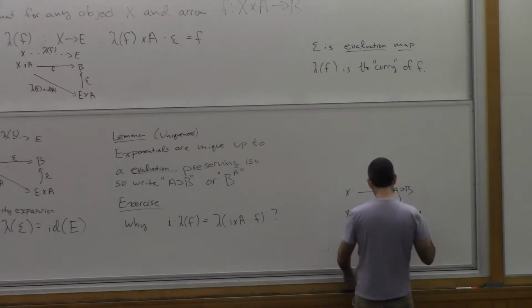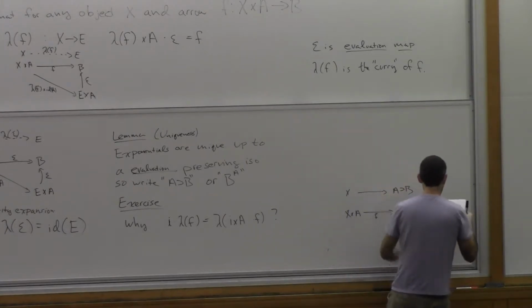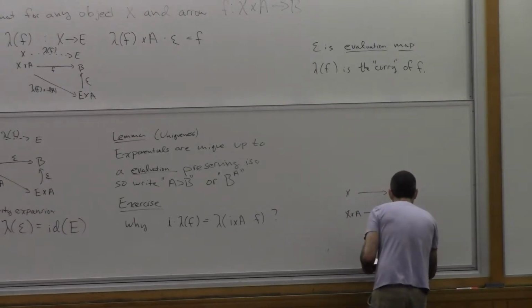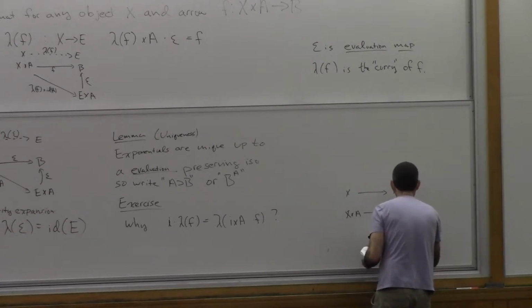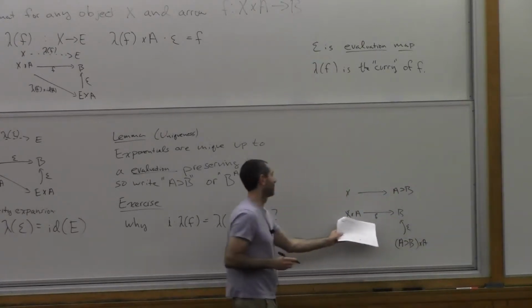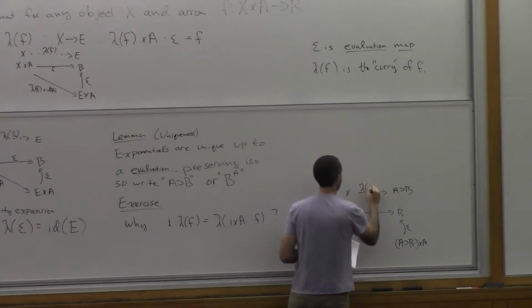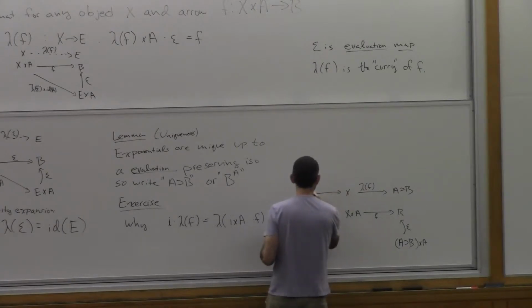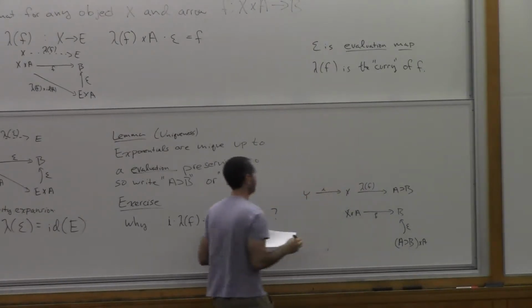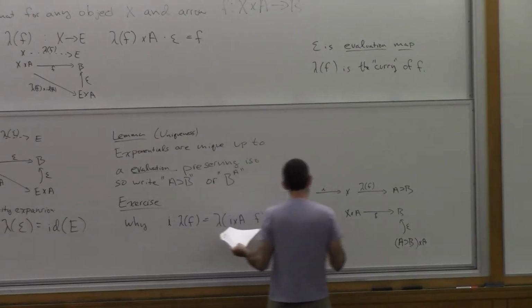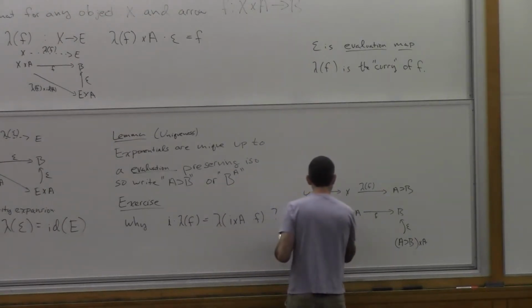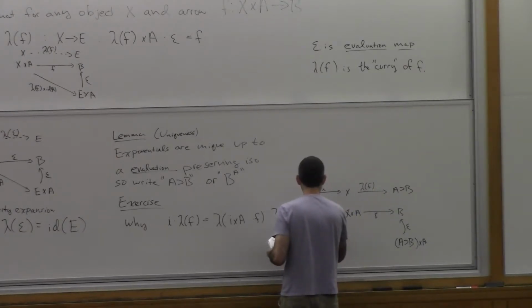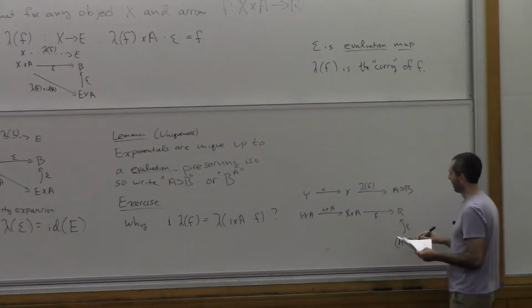Here's my evaluation map. Here's an arbitrary f. Here's its curry. Now I'm asking that if I precompose an arrow to this curry, which I'll call I, that that is the curry of I cross the identity on A. So that must go from Y cross A to X cross A, right?